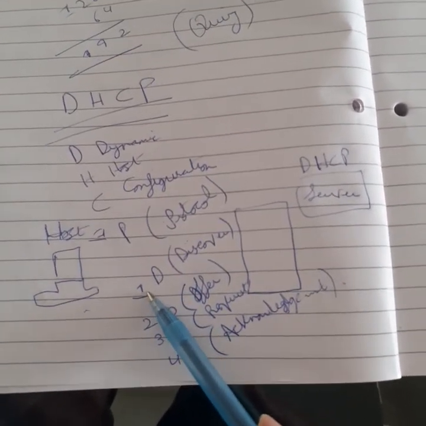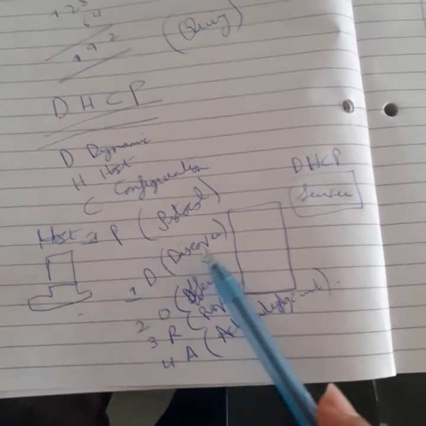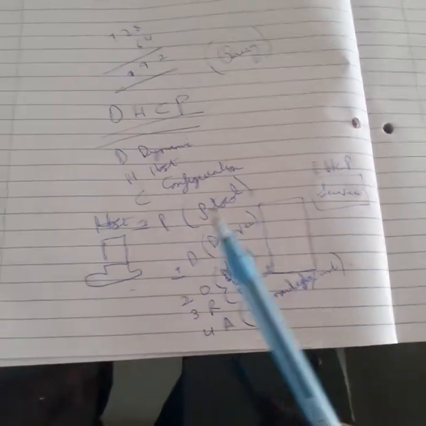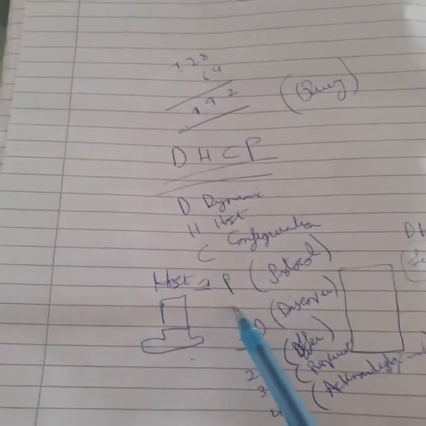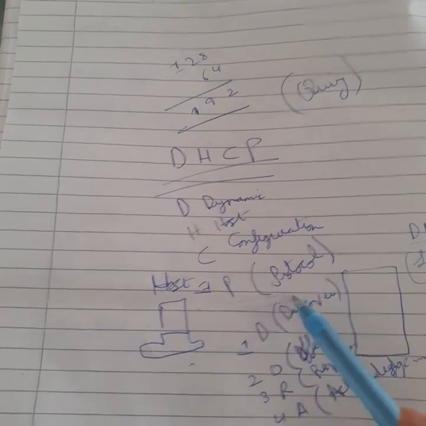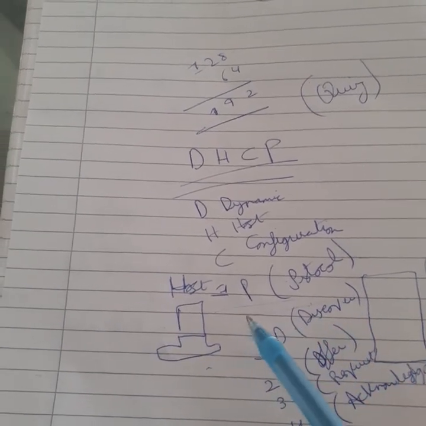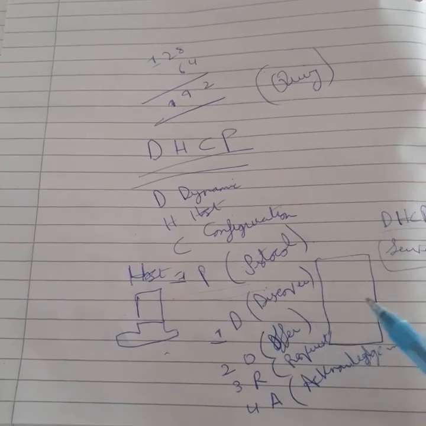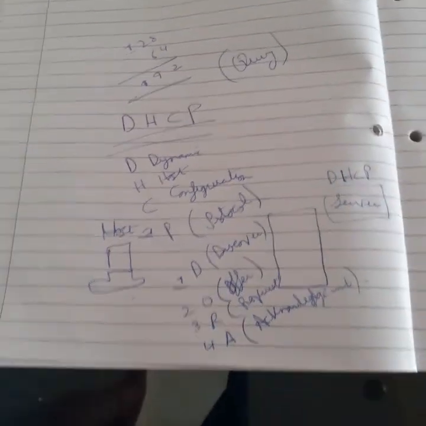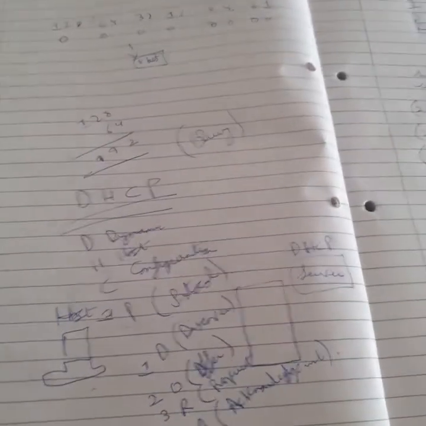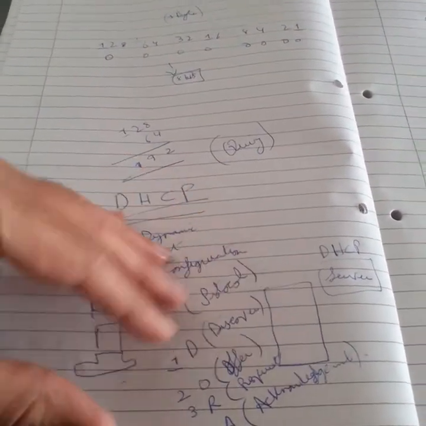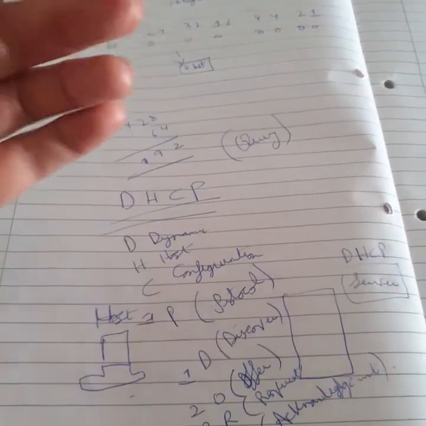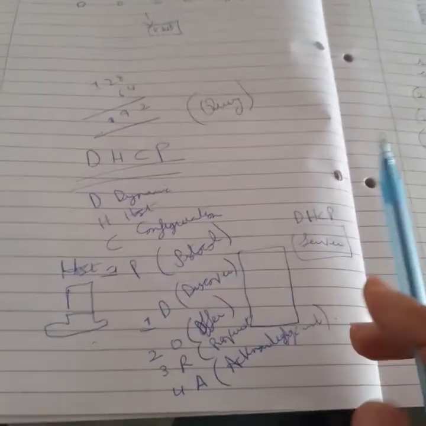Right, so D is first, there'll be a discover, and then there'll be an offer, and then there'll be a request, and then there'll be an acknowledgement. So this is a handshake happening. This is like a communication happening between two hands. Two hands? Oh, sorry, my other hand is on the camera, I think. Yeah. So this is what it is.